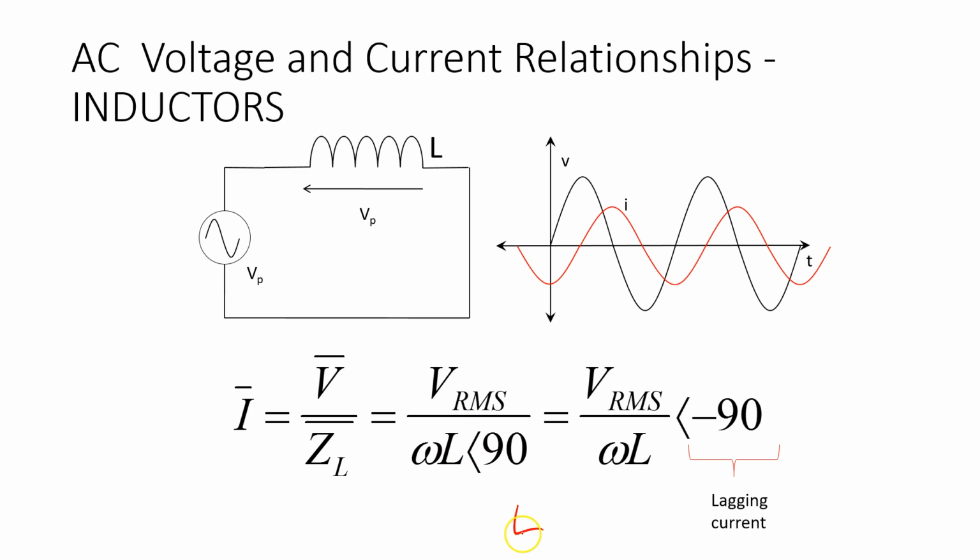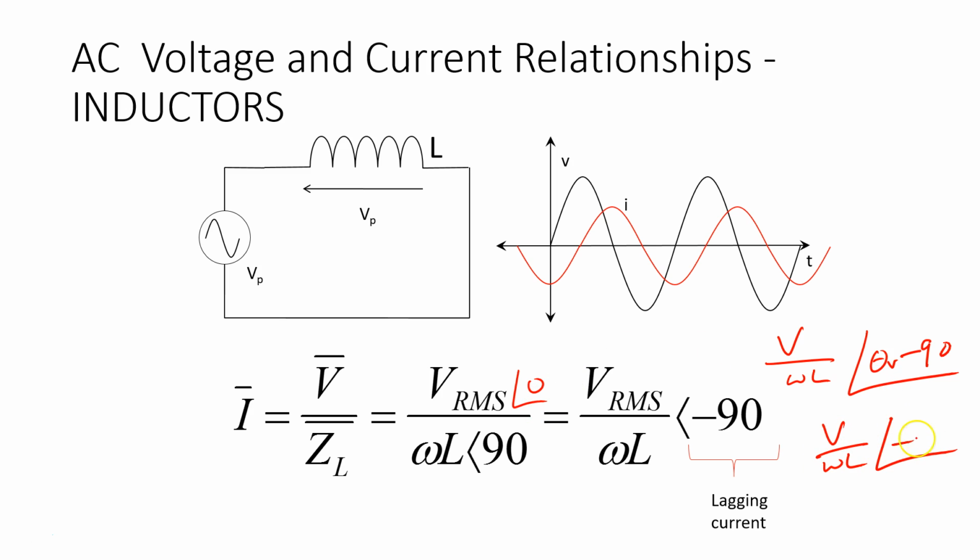Now assuming this angle here is 0, then I will see that that is V on omega L angle minus 90, because remember, I'll get V on omega L angle (theta V minus 90) since you're dividing, and I'll get V on omega L angle, if this is 0, minus 90, which means the current lags the voltage by 90 degrees.